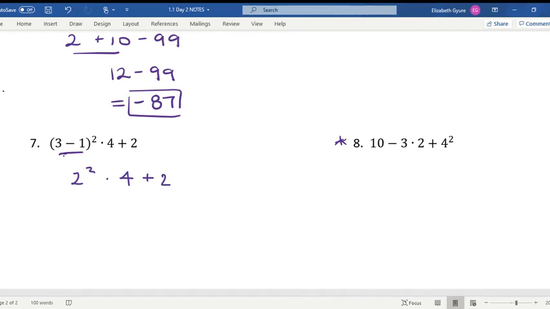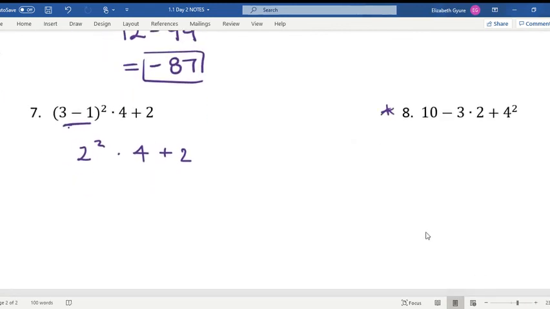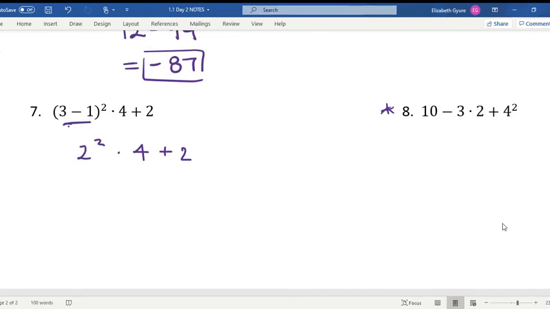Do we have any exponents? Yeah. What does that do? An exponent, a squared. What does that mean? Exactly. Yes.